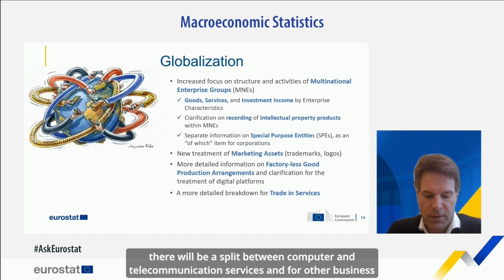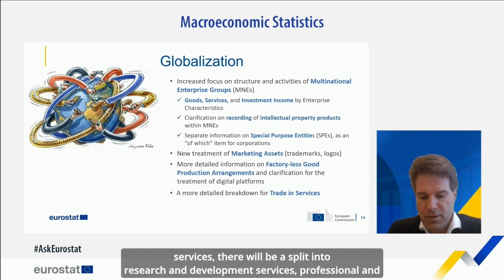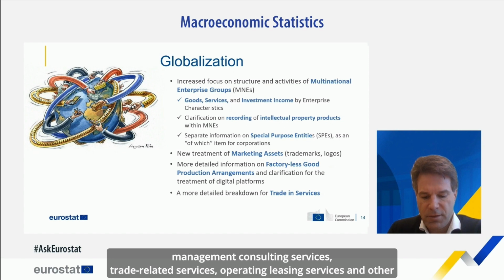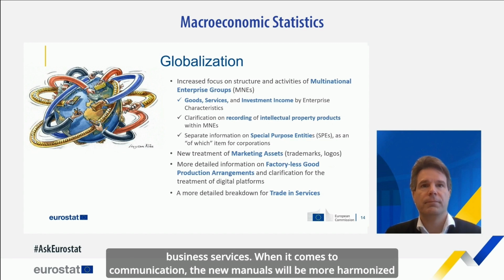In particular, there will be a split between computer and telecommunication services. And for other business services, there will be a split into research and development services, professional and management consulting services, trade-related services, operating leasing services, and other business services.